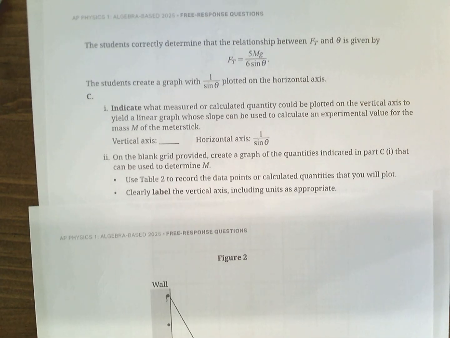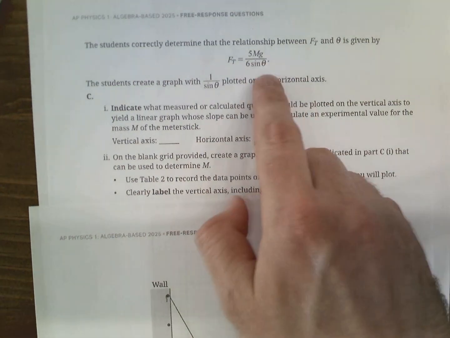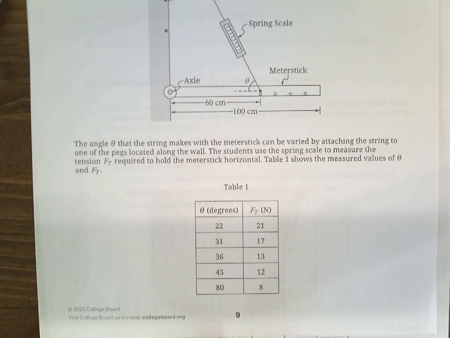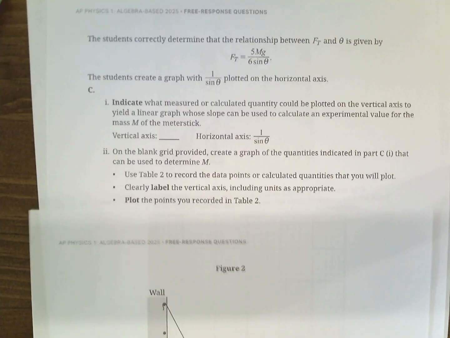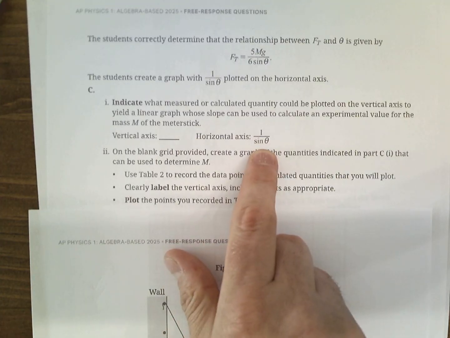So they say, indicate what measured or calculated quantity could be plotted on the vertical axis to yield a linear graph that would allow them to determine the mass of the meter stick. Well, we already have a data table that has an angle and an FT. They're going to plot 1 over sine theta on the horizontal axis.